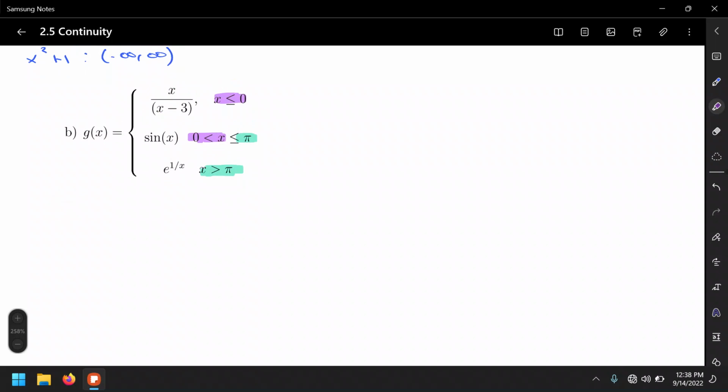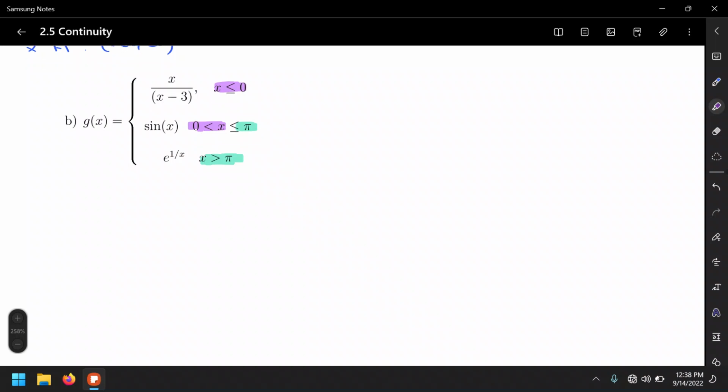Well, a function is continuous whenever both sides of the limit agree to the same value of the function here. So let's see. Number one, we need to set this limit, f of x as x approaches 0 from the left, and the limit of f of x as x approaches 0 from the right.